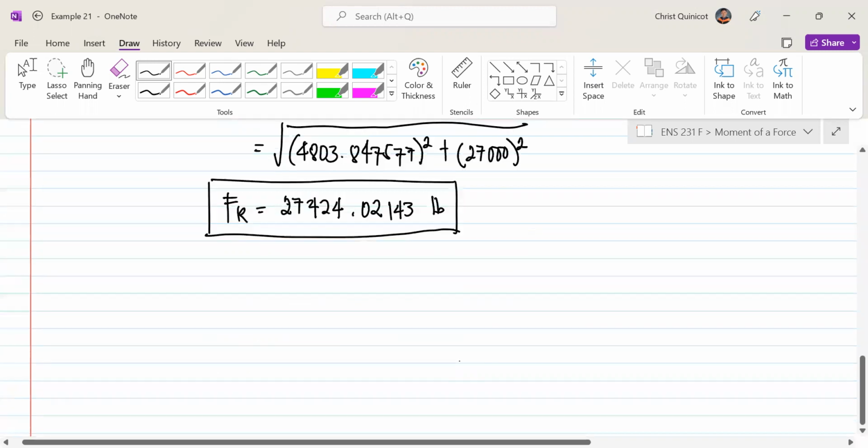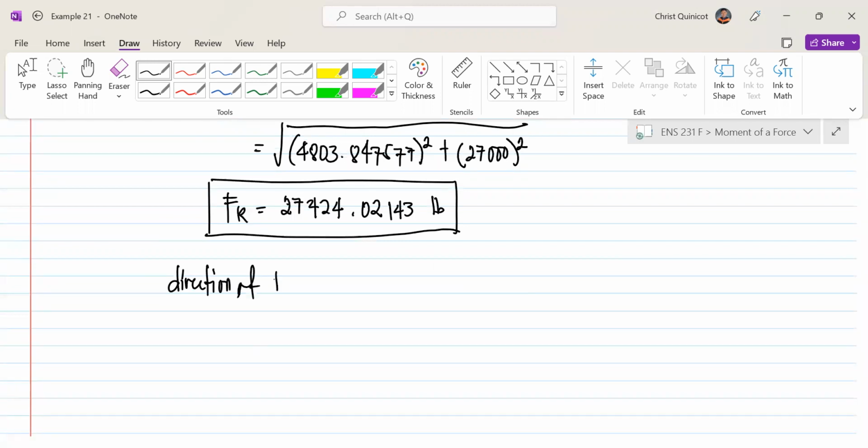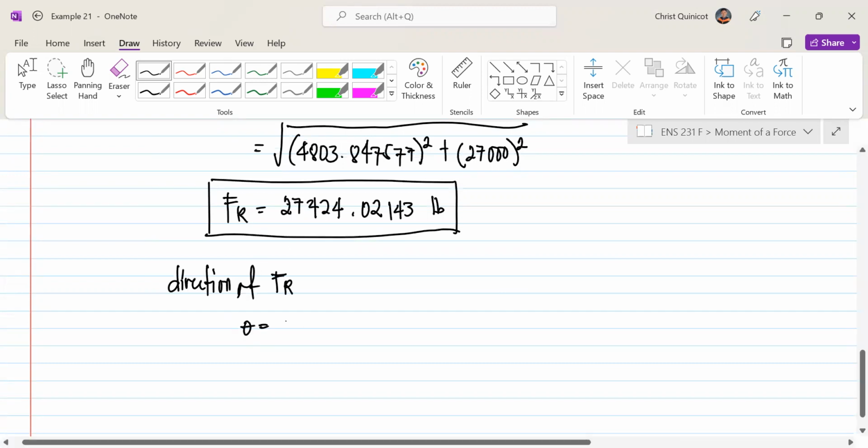For the direction of F sub R, theta is equal to inverse tangent of F sub Ry over F sub Rx.